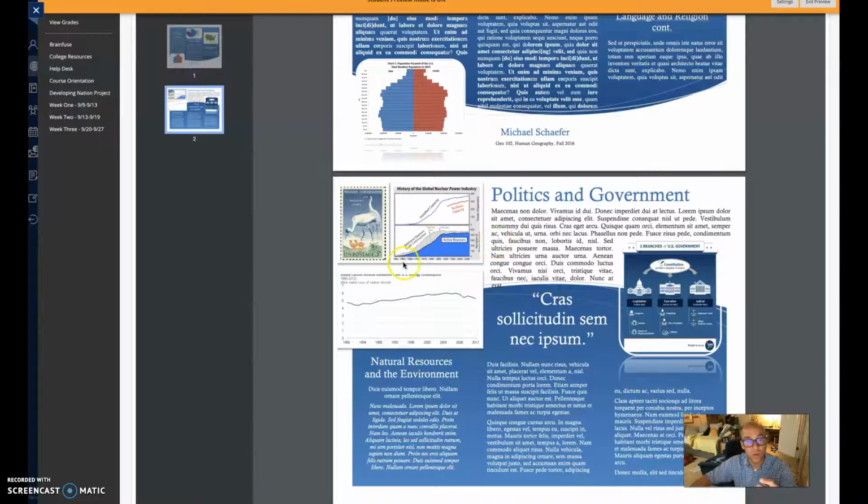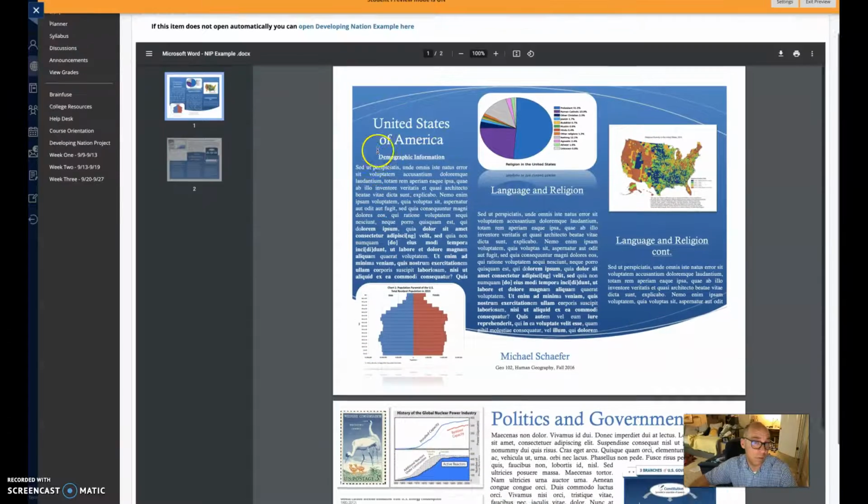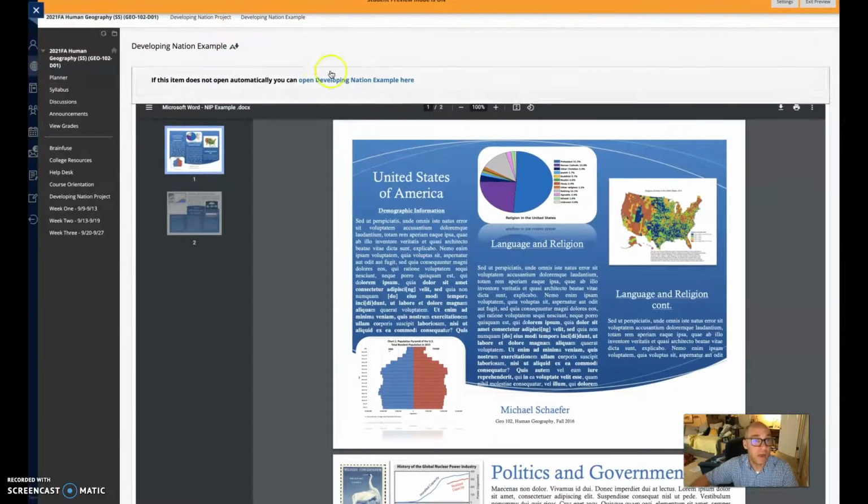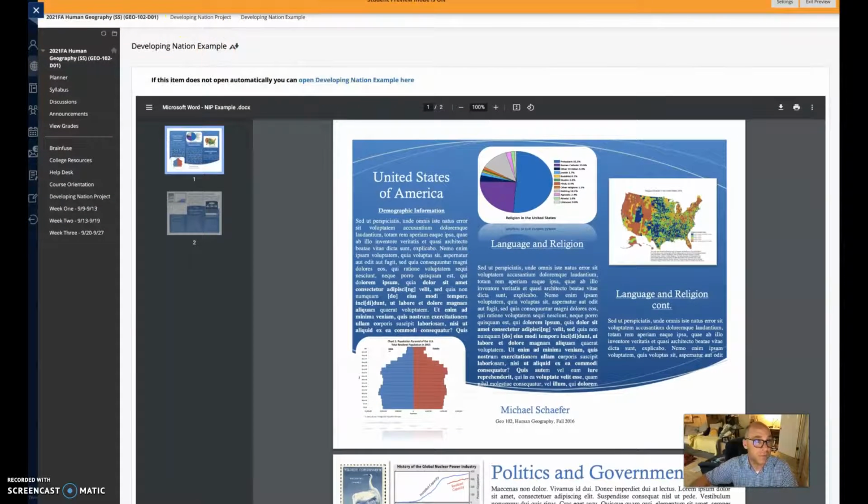And then for resources and the environment, I've got a chart on CO2 emissions, and then another one on nuclear power and active reactors. Things that I would have mentioned in sort of my body paragraphs, but the visuals are good illustrative tools to use for each of these topics. This is my example to follow, so by all means, look at it and follow it if it helps you.